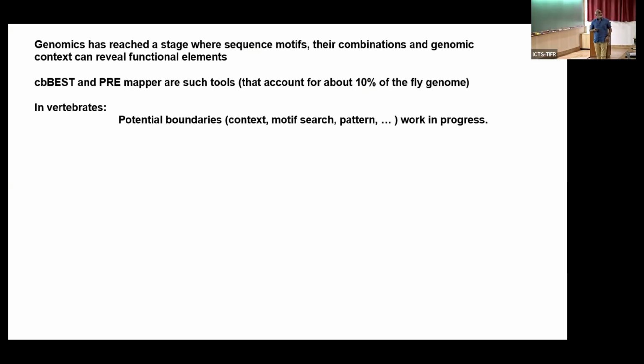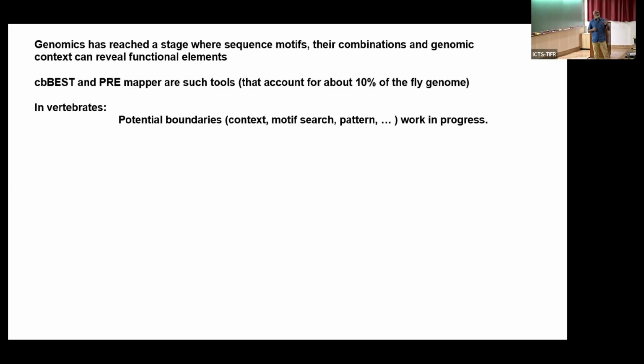What happens in the vertebrates? Vertebrate biochemistry is not that well understood, so we are trying different approaches. For example, for the boundaries, we are trying to find pairs of genes which are very close by, less than 5-10 kb. And actually, most of the genes are very close by. That is one thing we have discovered. There are gene-dense regions, then there are deserted regions.